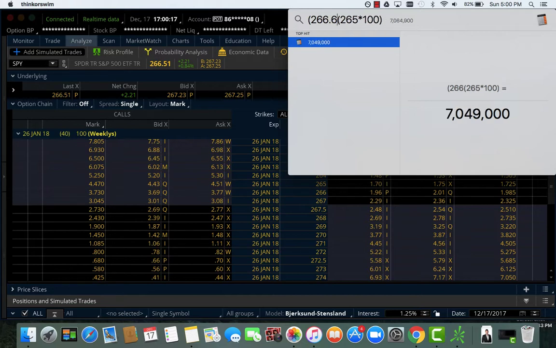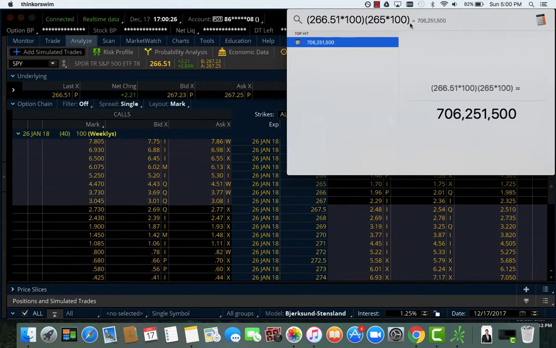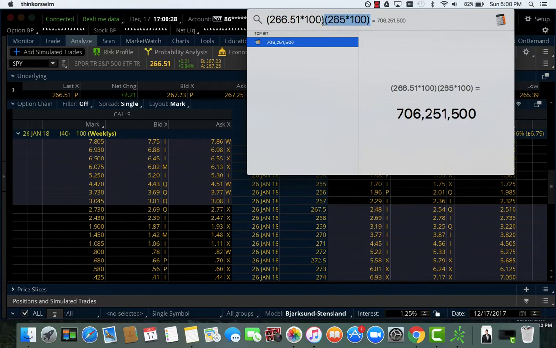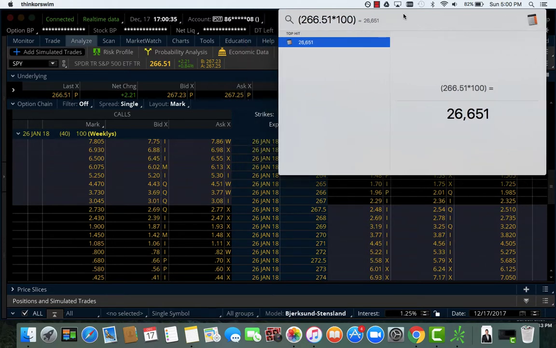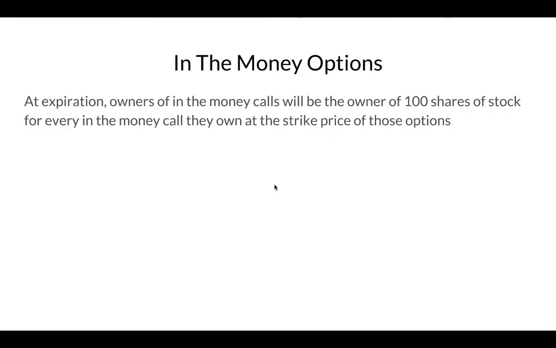So 266.51 times 100 is more than 265 itself. But rather than being an owner of 100 shares at 266.51, we get to be an owner of those shares at 265. So we're making $1.51, or $151, per every one 265 call that we have. That's an in the money call at expiration.